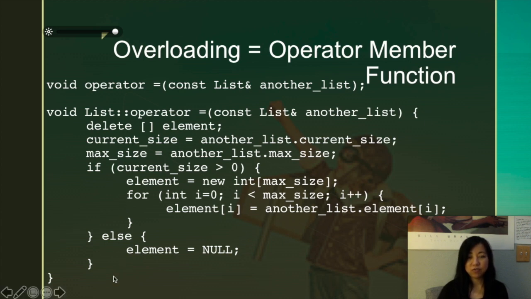Basically, you just want to make sure that you can copy one object to another object. For example, in the money class, well, there wasn't a dynamic array member variable. So the list class that we were just talking about, right?